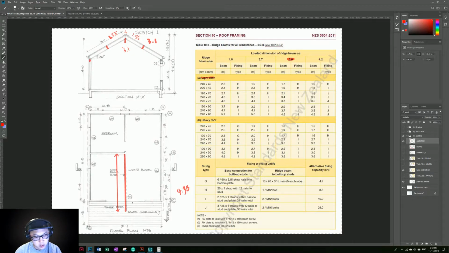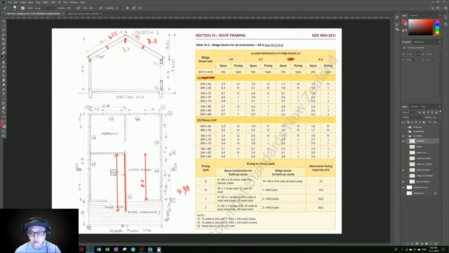But because you actually have a wall there that acts as a support, the span is actually just this. So it's going to be 3.6. Okay.